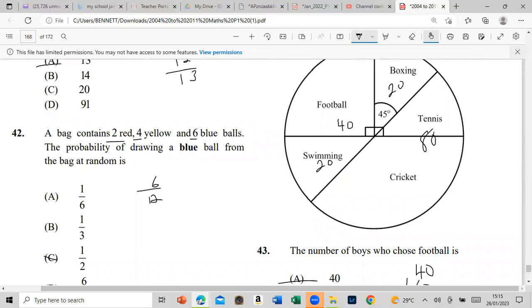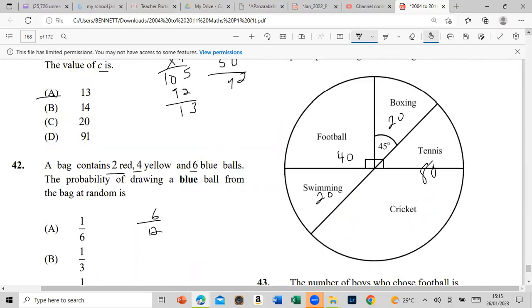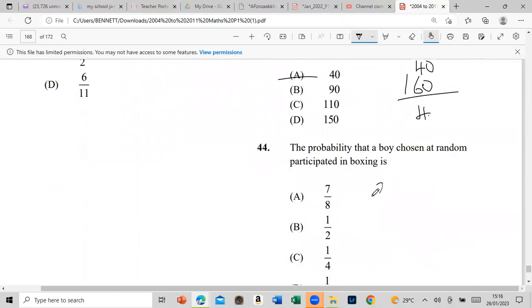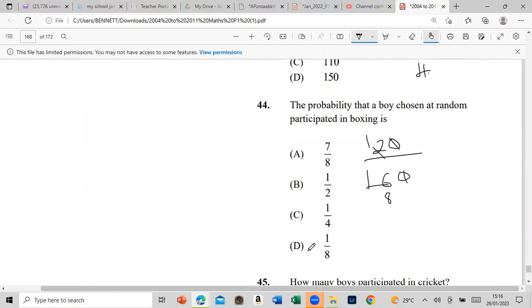Alright, so the probability that a boy chosen at random does boxing. For boxing it will be 20 and the total is 160. Plus one eighth, you divide by 2.